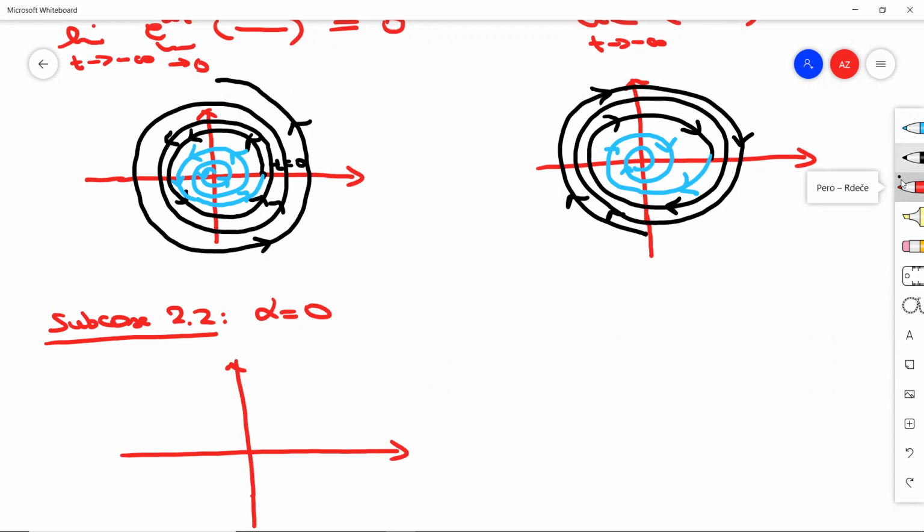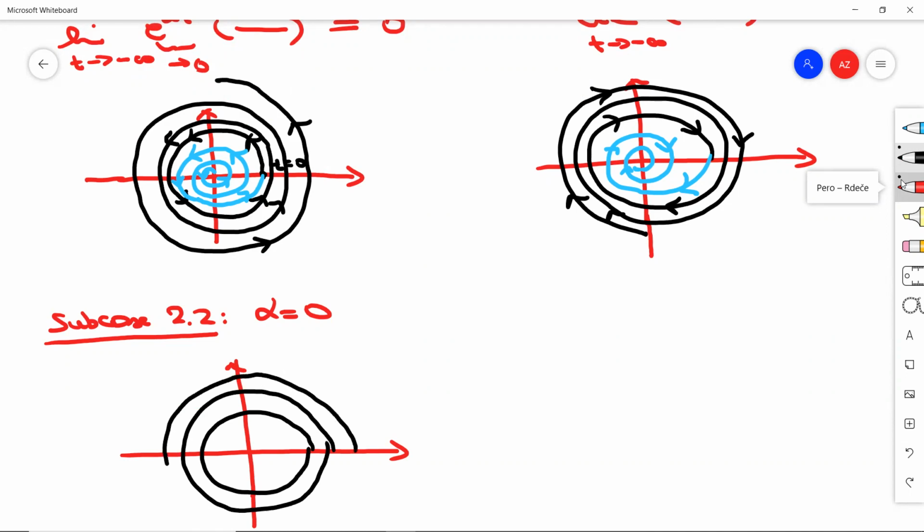So then these would be closed curves. So above, the curve is not closed. However, in this case, the curves are all closed, and they are in fact circles. And the motion is in one of the directions, either in this direction or in the opposite, depending on C1 and C2.